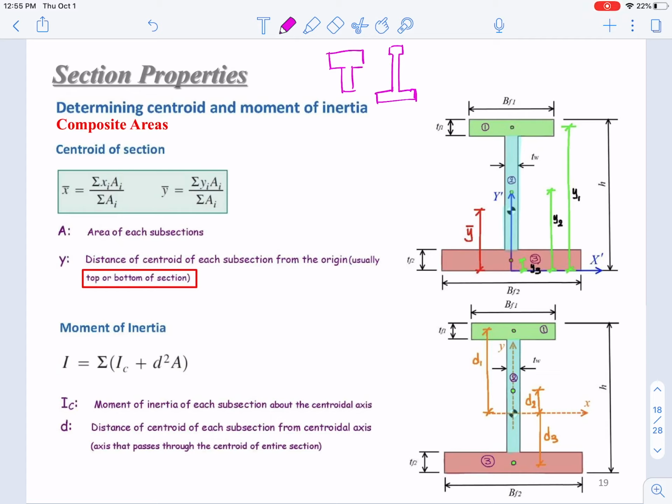Because it's centroid. It's symmetric. Okay, so this x bar is not needed to be determined. We only need to determine y bar. So that is the distance from the top or the bottom to the centroid of this shape.